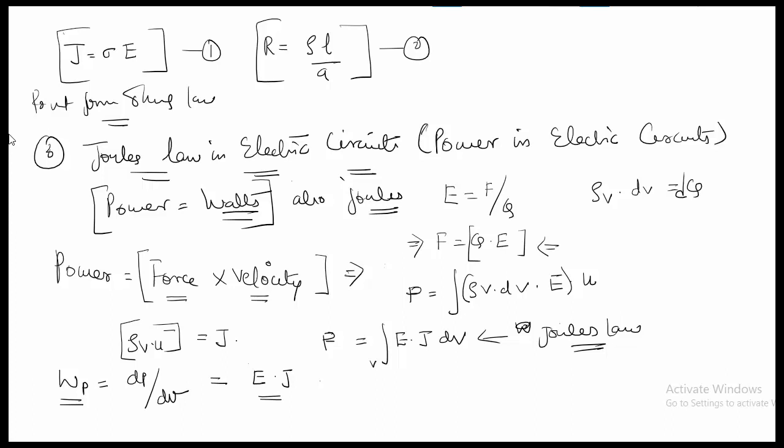And when I'm doing this, the next step is substituting the value of J from equation 1. So if this was my equation 3 which I got, and this was my equation 4 which I'm getting now, then my WP will be equal to E into sigma E, which is equal to sigma E square.